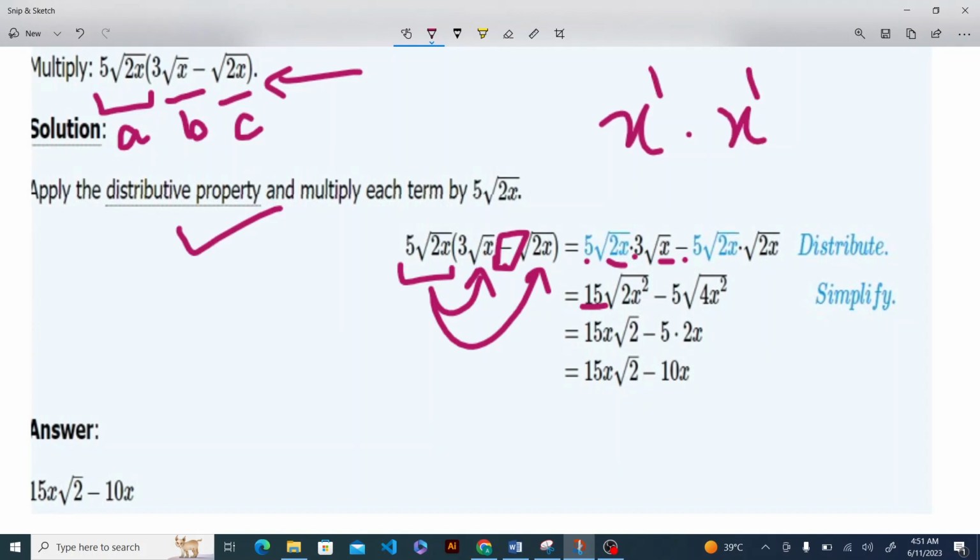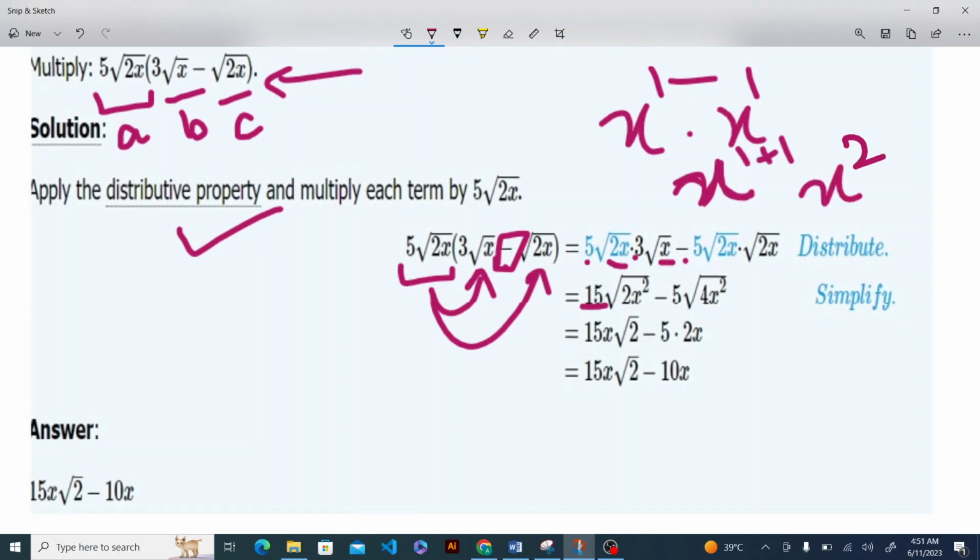When there isn't any power written, by default it is 1. So when we multiply two variables whose power is 1, their powers add up. 1 plus 1 will be equal to 2, so x into x will be equal to x square. So here 2x square.